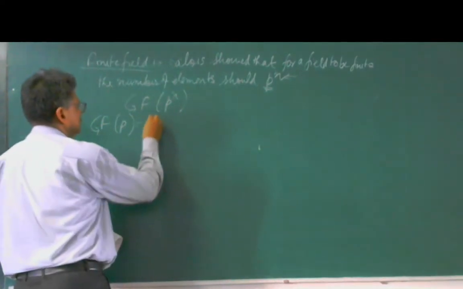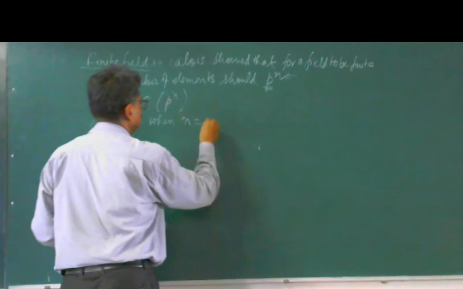So what does GF(p) represent when n is equal to 1?